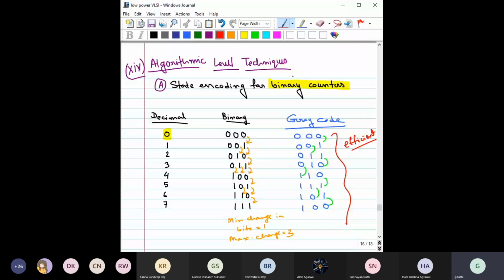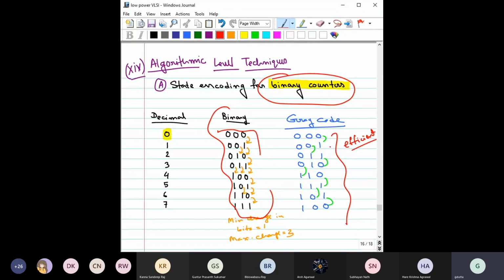Say we want to make one binary counter, right? Then you have an option to choose the number pattern, say 8-bit binary for this counter. You can choose all the binary numbers from 001 to 111, or you could use Gray code numbers for that.